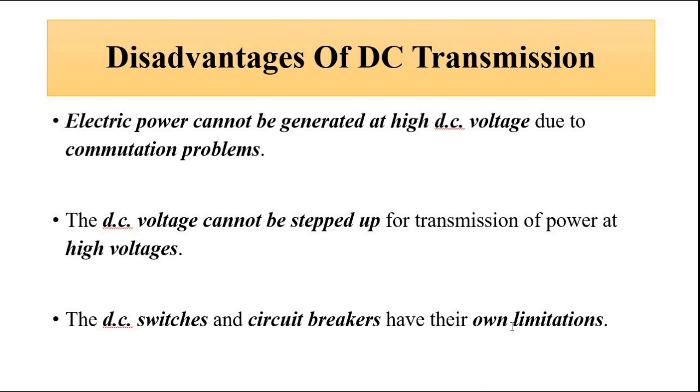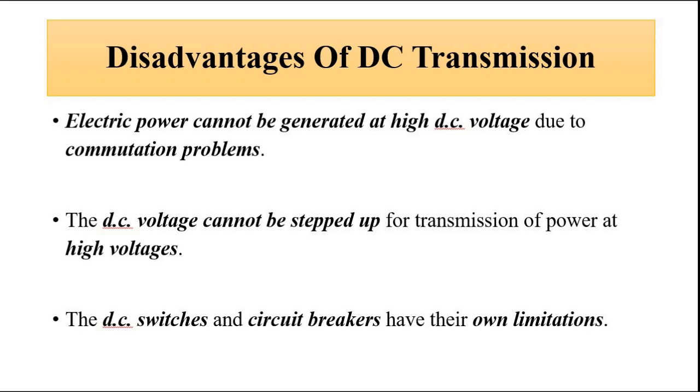Okay, so we'll discuss all of these things separately, actually all of these are separate chapters, separate areas. Here we are just trying to cover it as a whole, AC versus DC transmission. So these are some of the disadvantages of DC transmission.